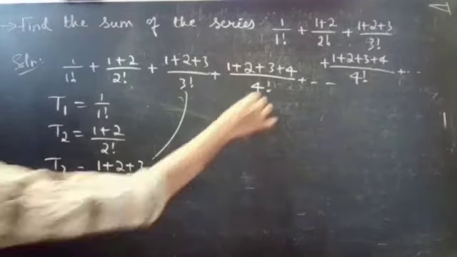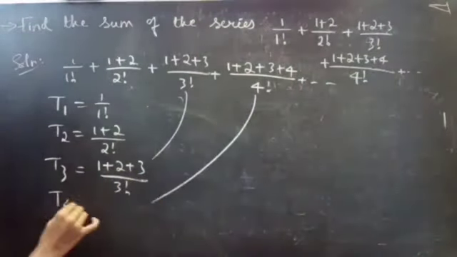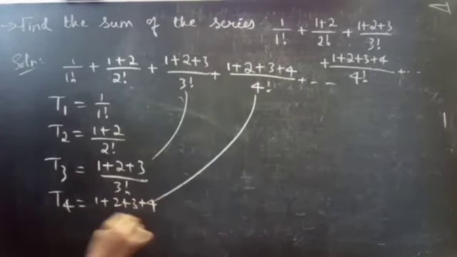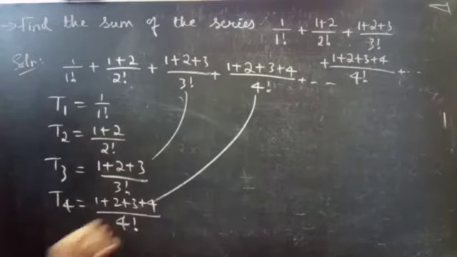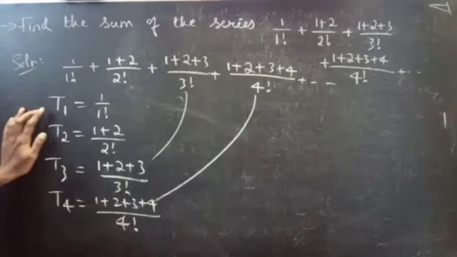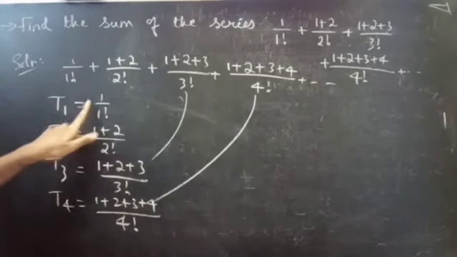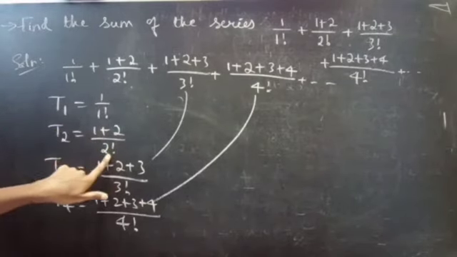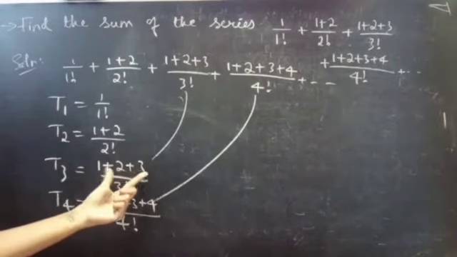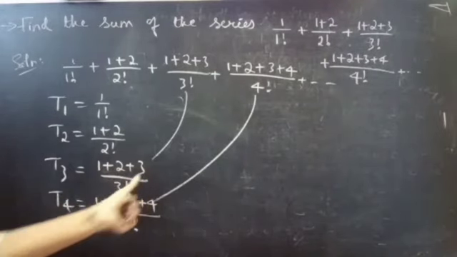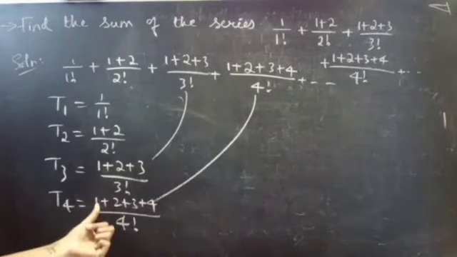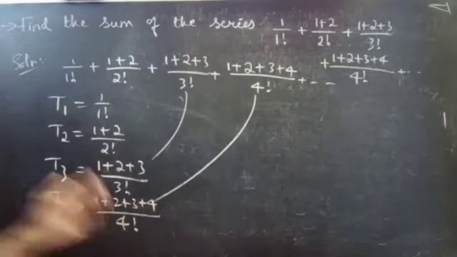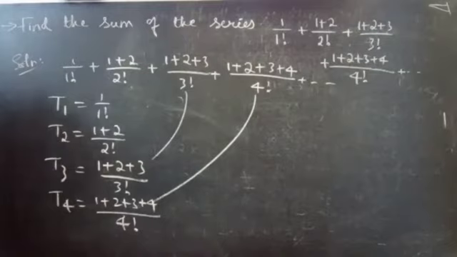Likewise, we are having t4 equals 1 plus 2 plus 3 plus 4 by 4 factorial. See, you're having the first term 1 by 1 factorial, the second term 1 plus 2 by 2 factorial, the third term 1 plus 2 plus 3 by 3 factorial and the fourth term 1 plus 2 plus 3 plus 4 by 4 factorial. Likewise, we can write for the nth term.